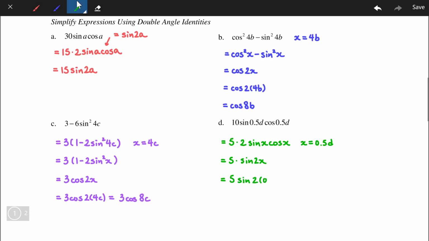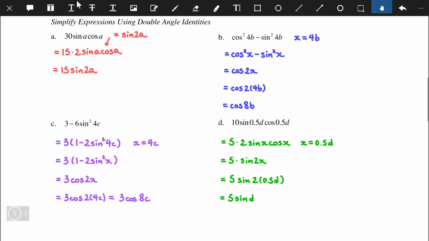So this will be 2 times 0.5d here inside of the sine ratio. And so we have 2 times 0.5, which means that the expression actually simplifies to just 5 sine d. And that's it.